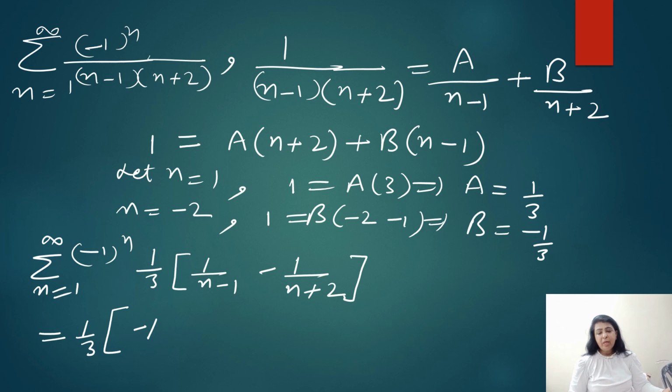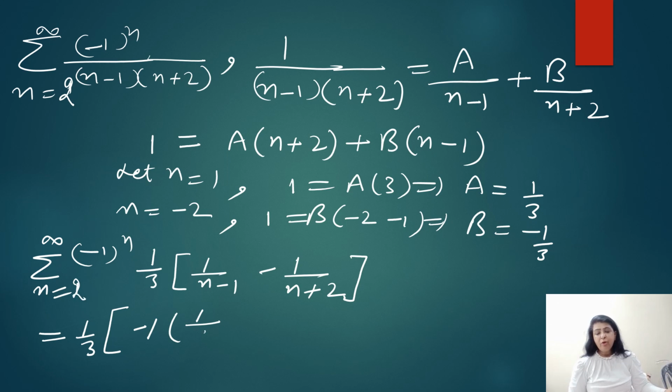I think this is n is equal to 2 to infinity, it's not n is equal to 1. Just correct it: n is equal to 2 to infinity. Because 1 can't be here, because if you take 1 over here, you will get the denominator as 0.